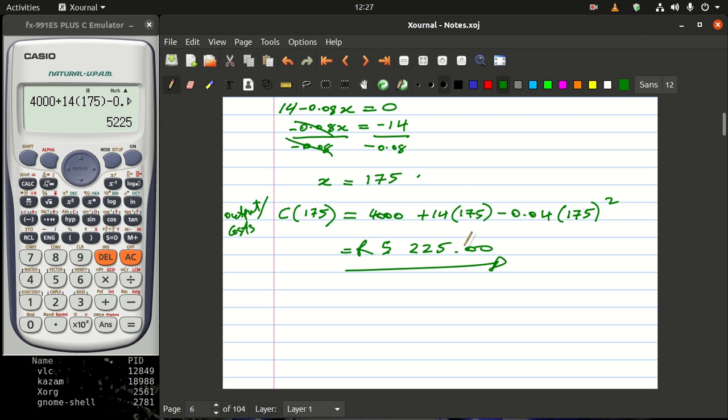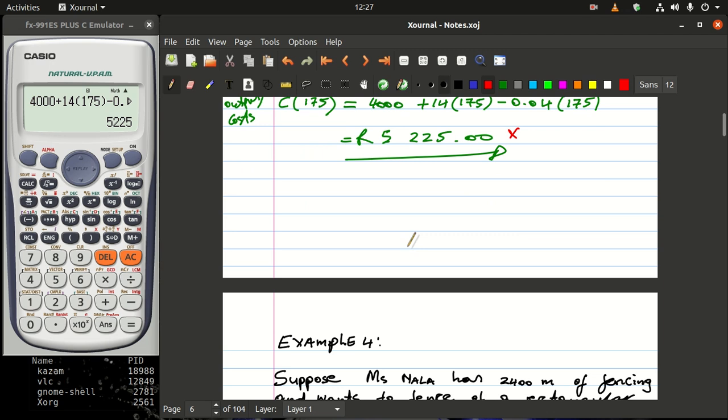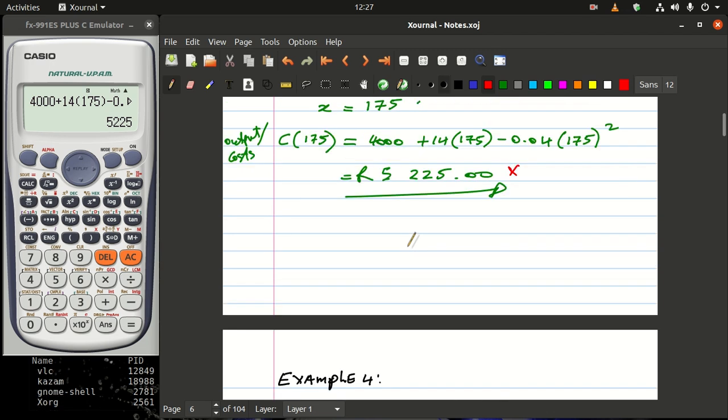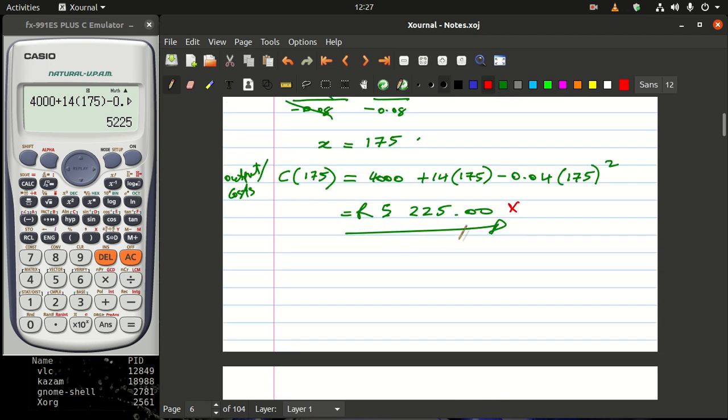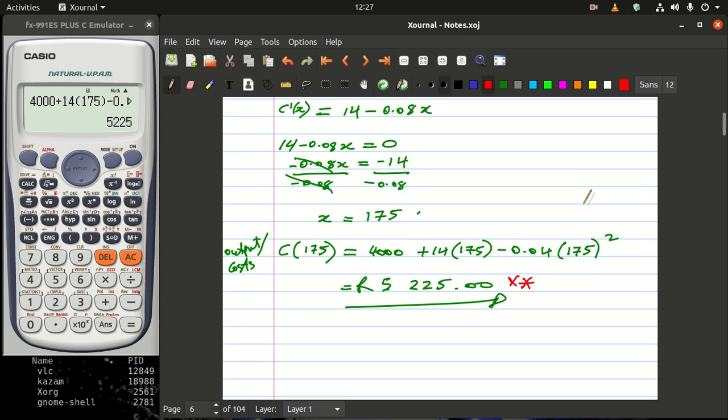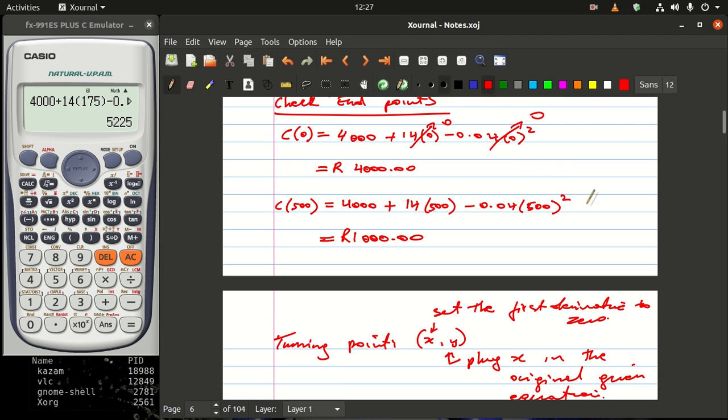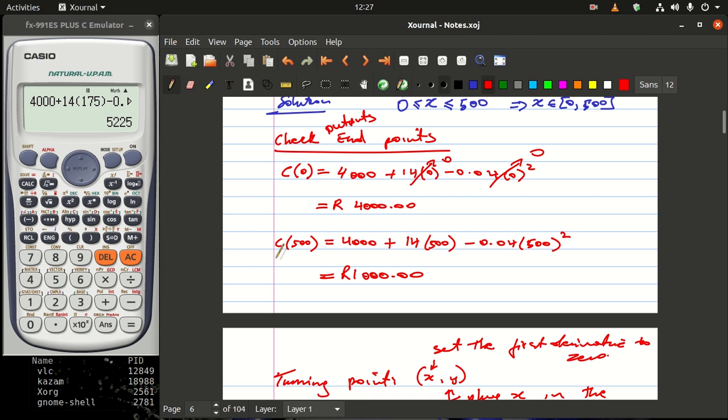Of course, this cannot be the minimum at all, because it is already bigger than the endpoints, so we cannot take that. So the minimum can only be attained if I am actually selling 500.